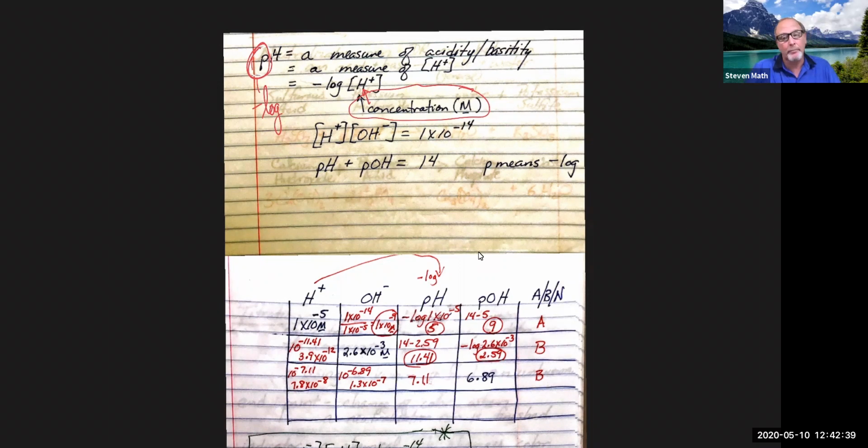So we're going to have to remember how to plug that into our calculators. The other thing we then know is that the pH plus the pOH is going to equal 14. And then we can hop in and do a couple of pretty simple pH calculations here.